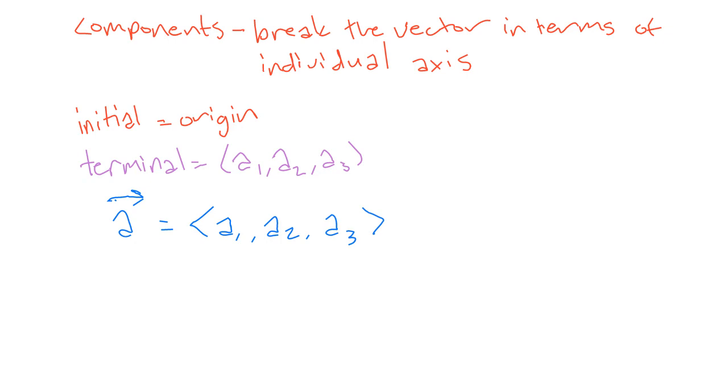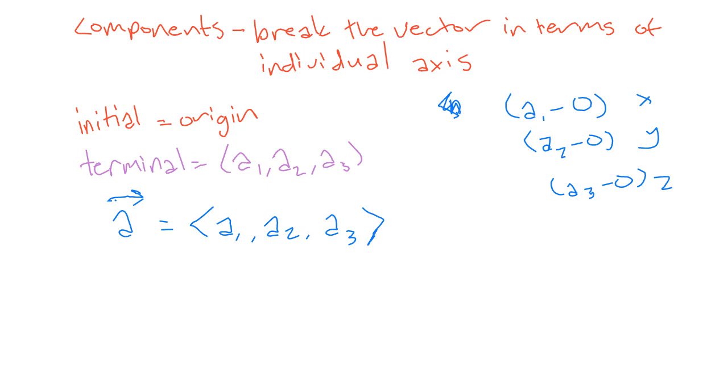Because A1 minus 0 is how much we moved in the x direction, A2 minus 0 is how we moved in the y, and A3 minus 0 is how we moved in the z. And we use these little pointy triangle brackets because that helps us differentiate between coordinates and vectors when we write it out.